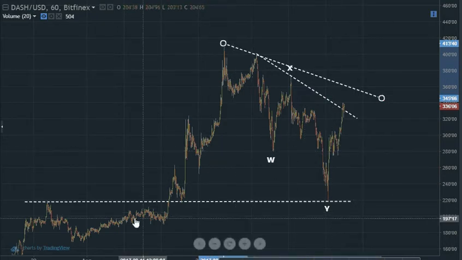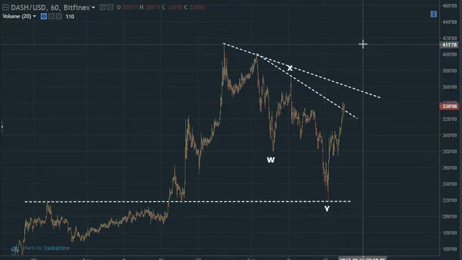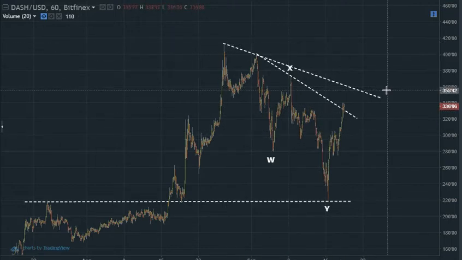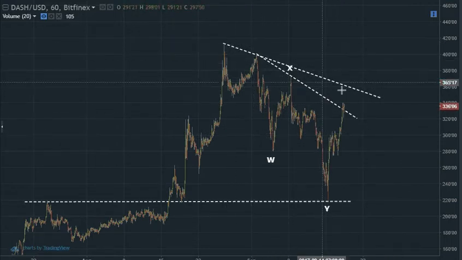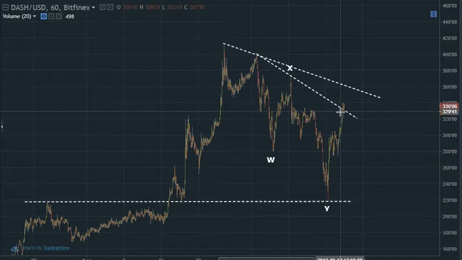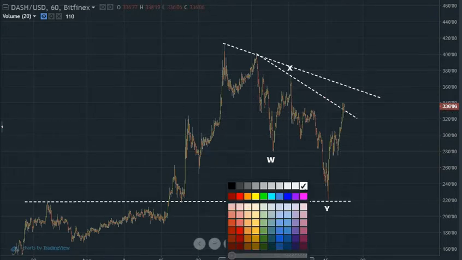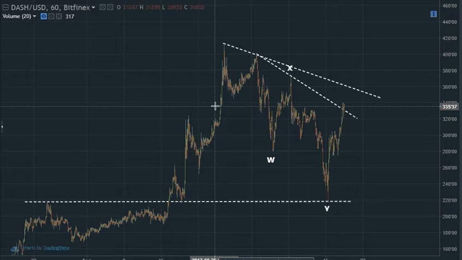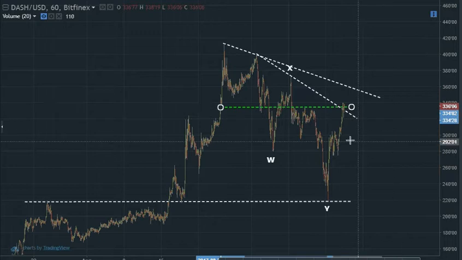Now, many TA people, technical analysts, draw angled lines and forget about the horizontal support resistance. I think it's good to do both. So prices here too exceeded that resistance.